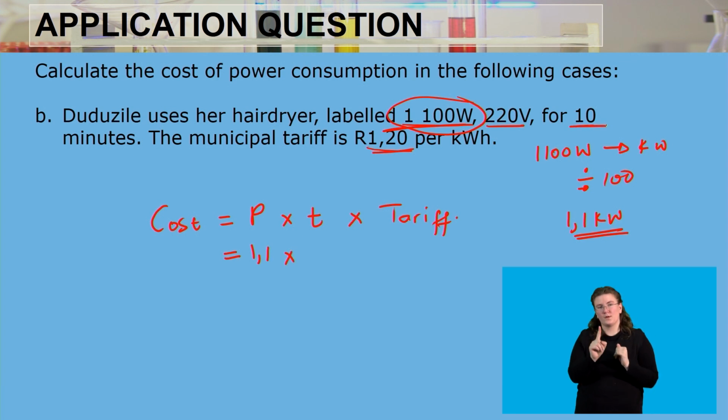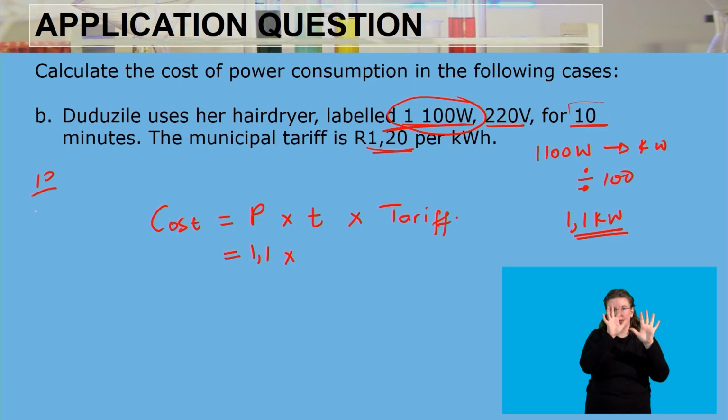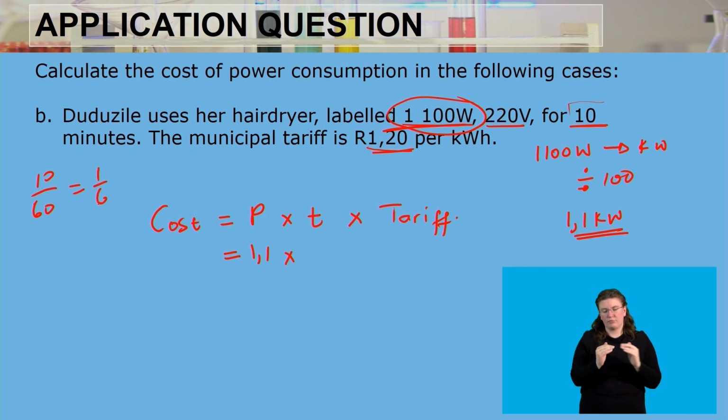Now, we normally have time in hours, but in this case the time is given in minutes. We know that in 1 hour we have exactly 60 minutes. So if we are using this hairdryer for 10 minutes of those 60 minutes, that is the same as 10 over 60, which is 1 over 6.